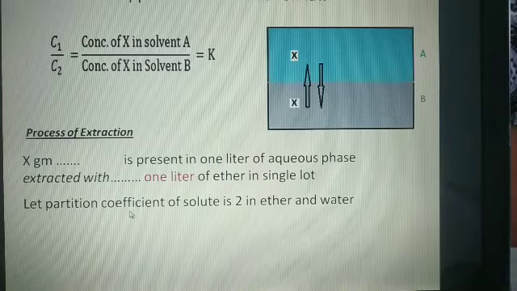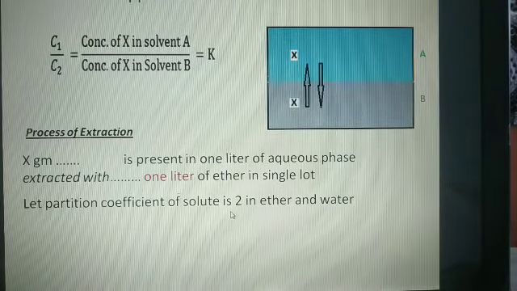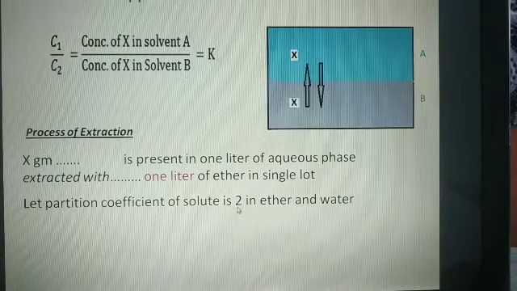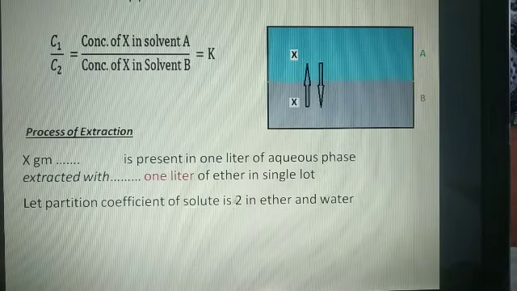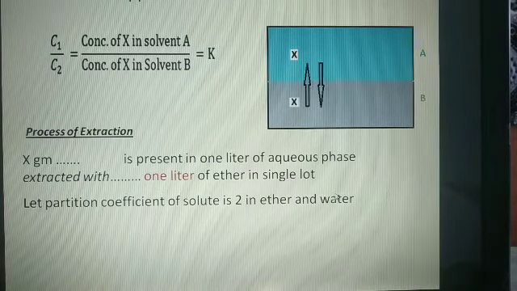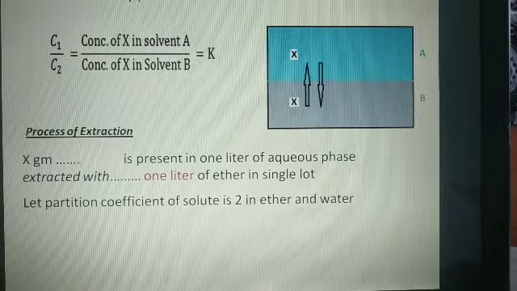Putting the same condition in words, let the partition coefficient of the solute be 2 times in ether than water. It means it is twice as soluble in the ether than the water. So that is the choice of the solvent.